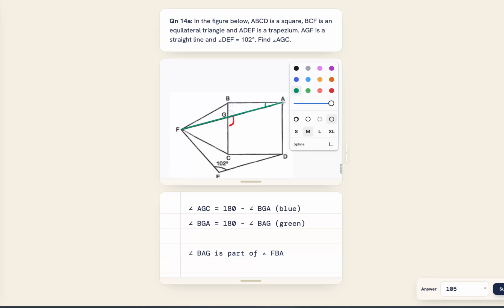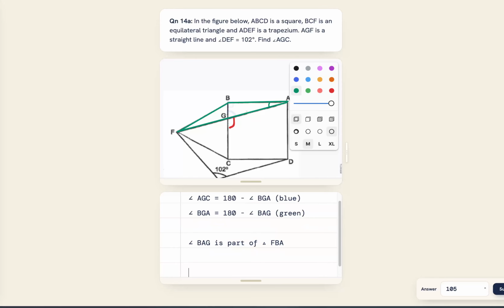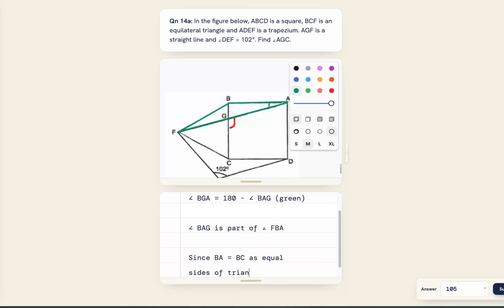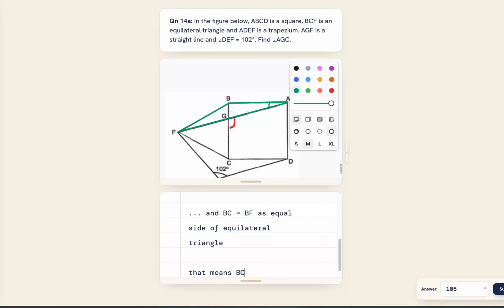So FBA is this triangle in green. What type of triangle is FBA? Since BA is equal to BC as equal sides of the square, and BC is equal to BF as equal sides of the equilateral triangle, that means BF is equal to BC is equal to BA.